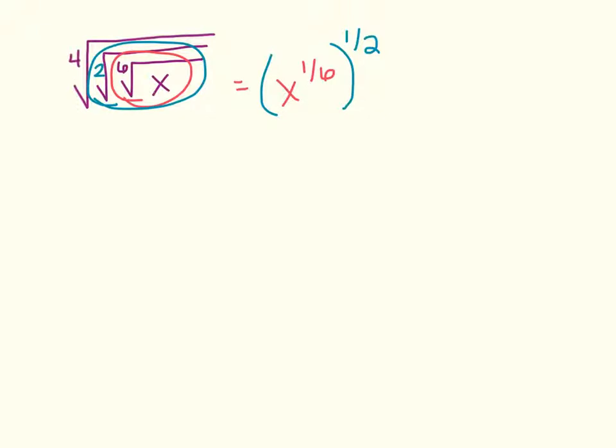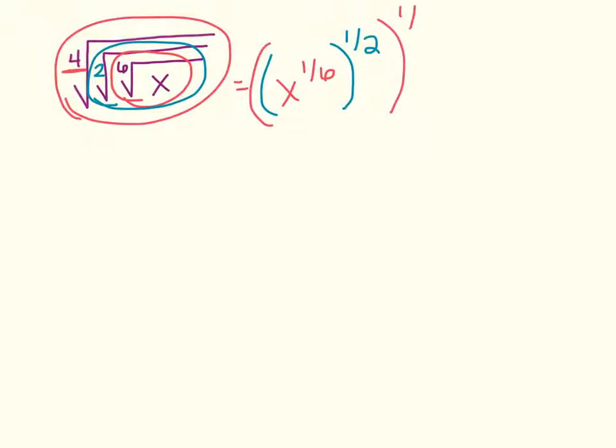And then if I go out one more ring, this is a 4th root, so that would be a power of 1/4. And if you remember from last chapter, when I have all these powers like this, I combine them with multiplication. So when I multiply along the top, 1 times 1 times 1 is just 1, so this would give me x to the 1 over, and then on the bottom, 6 times 2 times 4, let's see, that's 12 times 4 is 48.